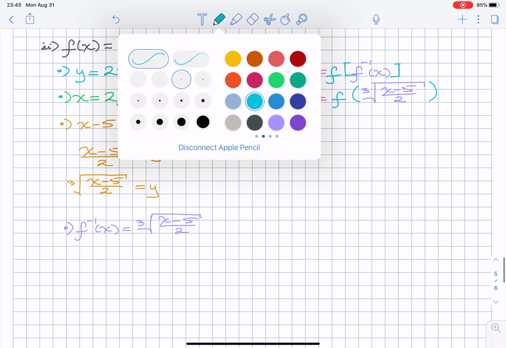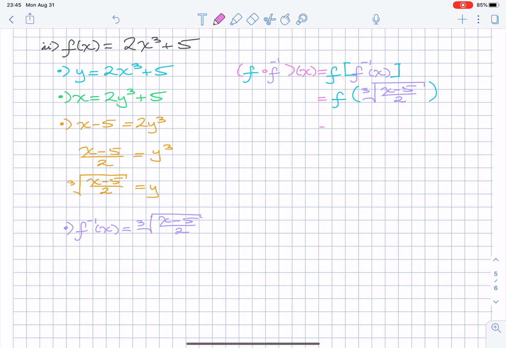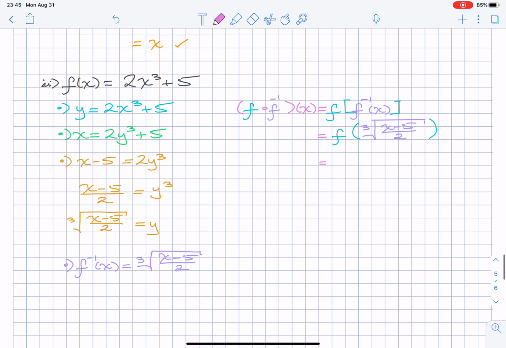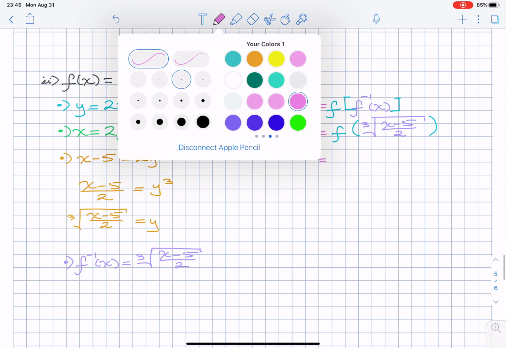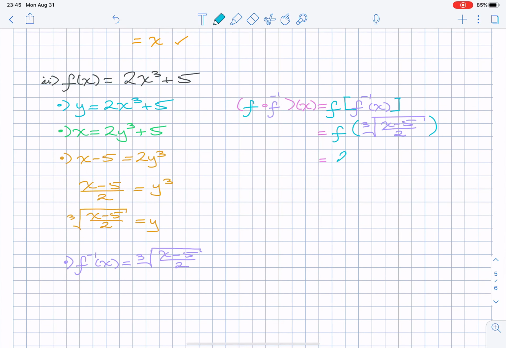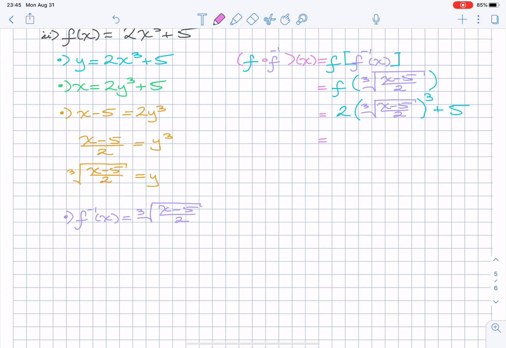Okay, so what does f do to each input? It cubes it, okay. So this is going to be 2 times the cube of the input, where the input is the cubed root of x minus 5 all over 2. We're going to take that input, cube it, multiply it by 2, and then add 5. So what happens when you cube a cubed root? You just get what's inside.